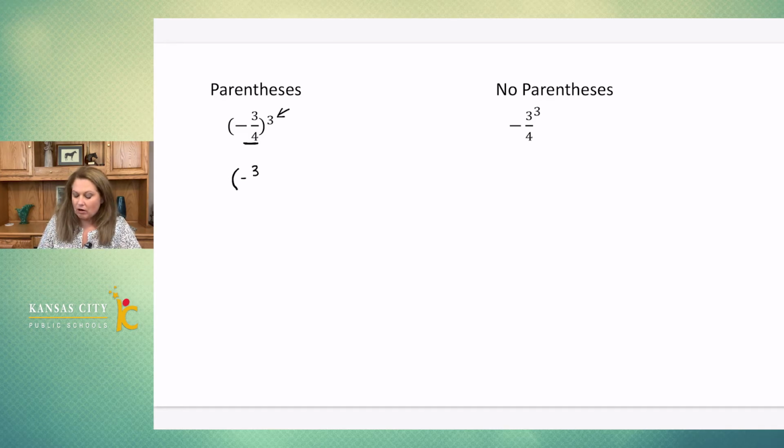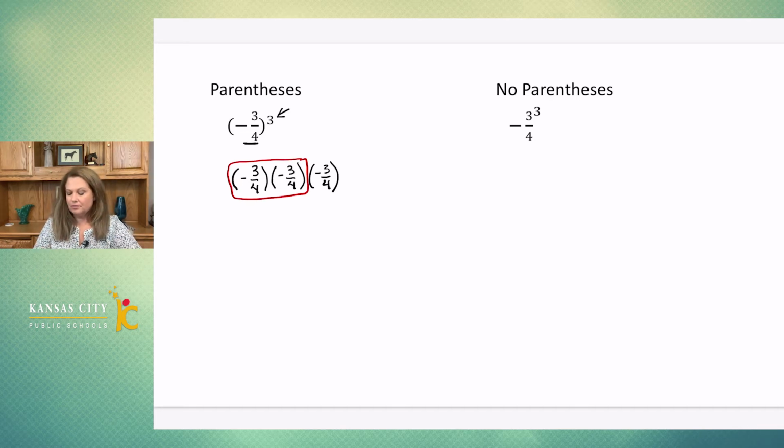Remember, our power, or our exponent, is 3. So we're going to say -3/4 times -3/4 times -3/4.